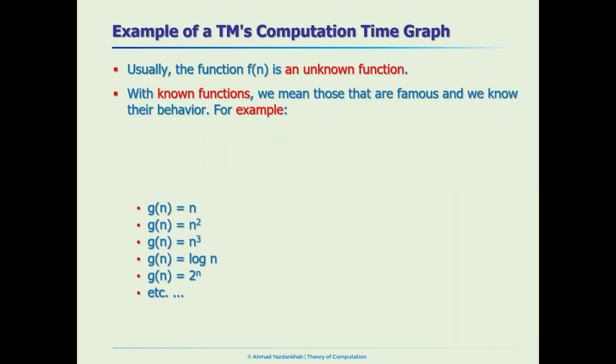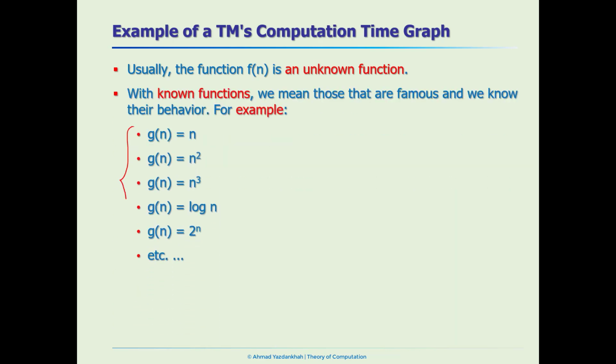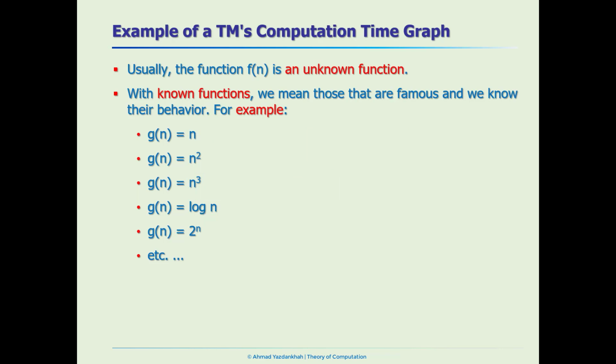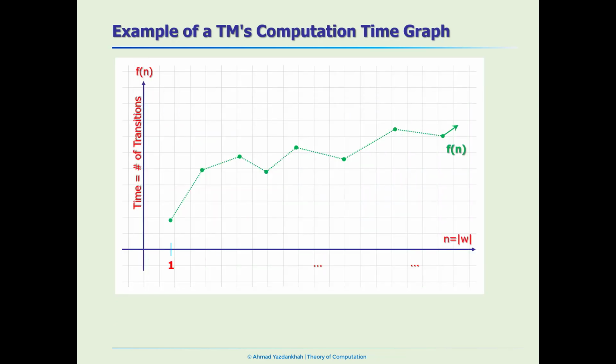Because we have known some good graphs since high school, for example, n square, n cube, log of n, 2 to the n, and there are more. These are the known functions that we love because we know how they behave. What can we do now? Now we have a very ugly graph like this. How about approximating it with a known one? That's what we do. We want to approximate this graph with a known one.